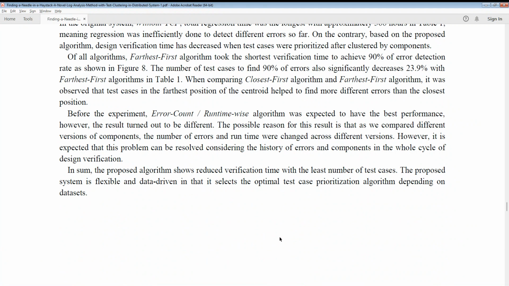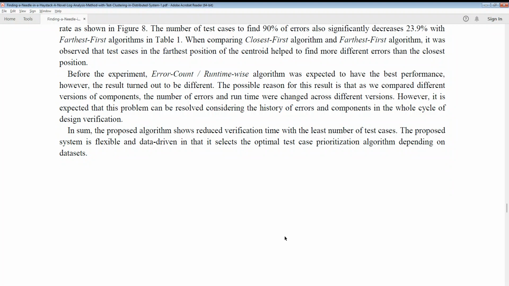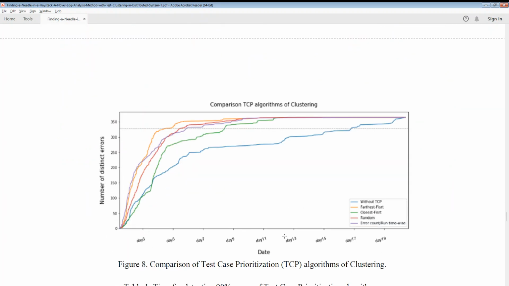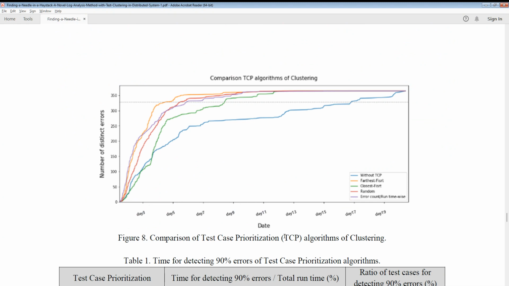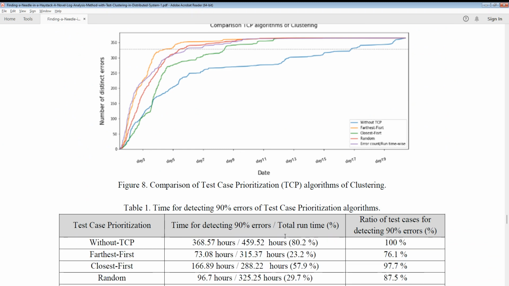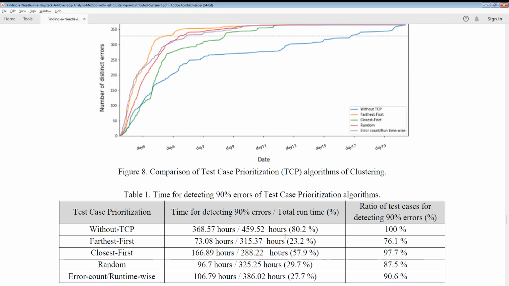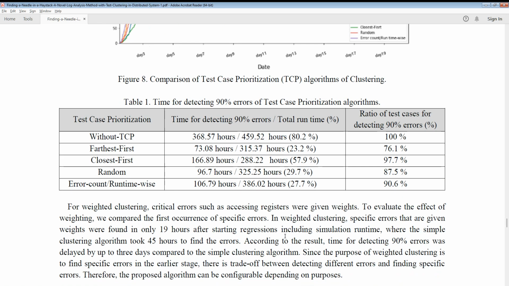The proposed system is flexible and data-driven, and it selects the optimal test case prioritization algorithm depending on the data sets. Figure 8. Comparison of test case prioritization TCP algorithms of clustering. Table 1. Time for detecting 90% errors of test case prioritization algorithms.